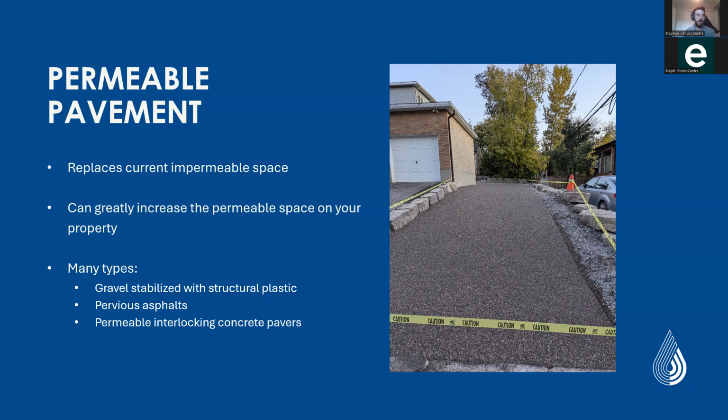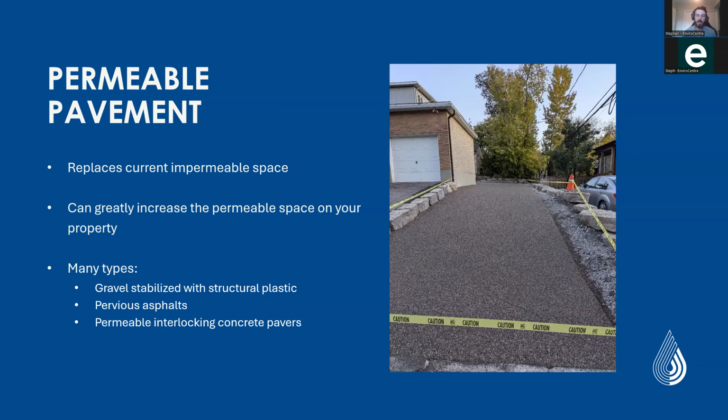Pervious asphalt, like this one here, looks a lot like asphalt, but it's installed by a certified professional who makes it permeable. This one here, I believe, is a crushed granite version, but there are lots of different options available. If you want to know more, you can go to the City of Ottawa website. It has lots of options and people to reach out to if you are interested.